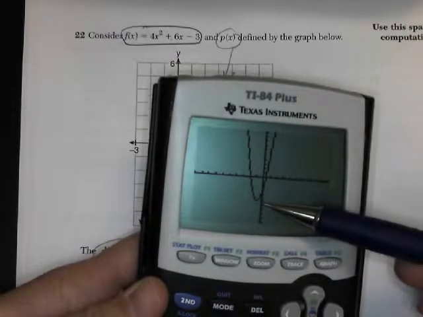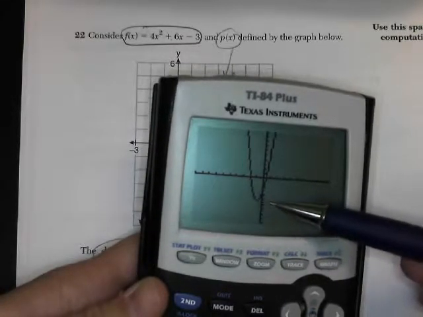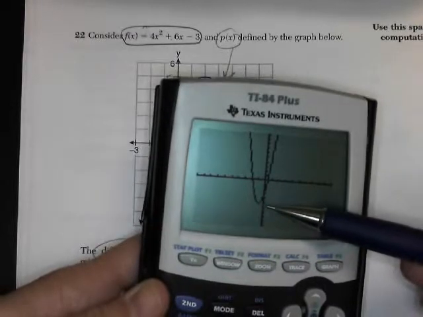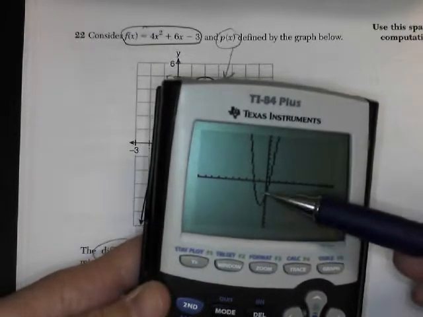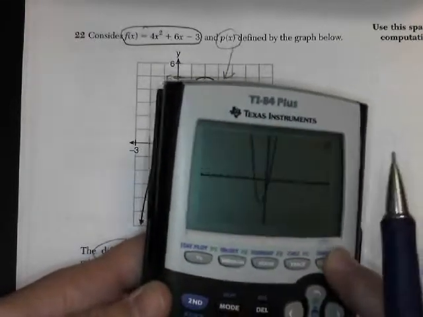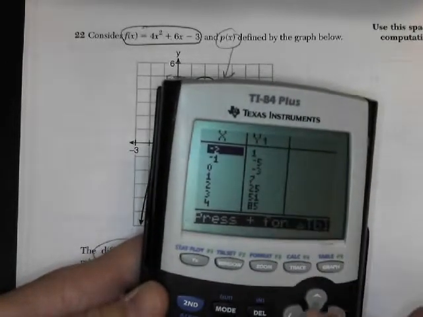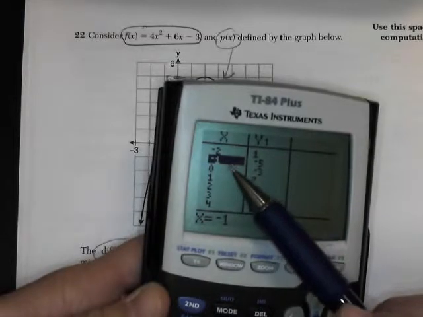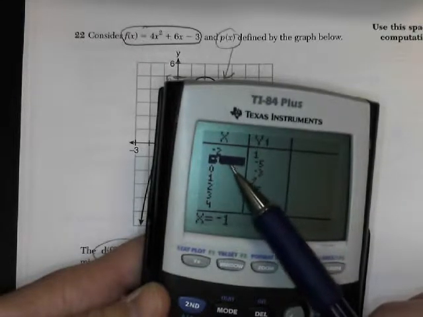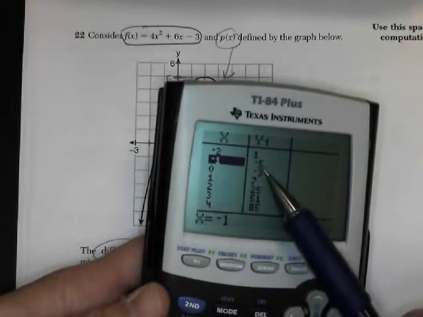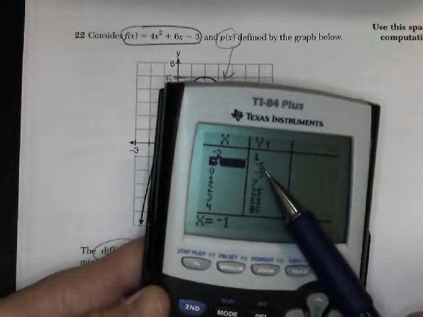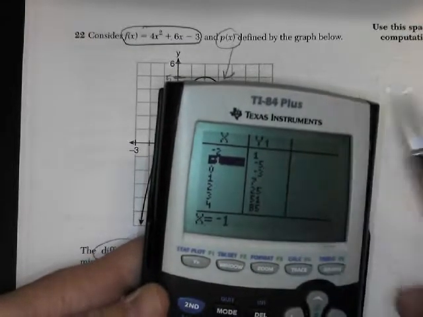It's definitely lower than negative 5 right there. The reason that's not coming up on my table is because it's not happening at a whole number x value. Your table is only so good to show you the whole number x values. And so it's probably somewhere around an x value of negative 1 and a y value of negative 5 would be somewhere near the minimum, but that's not actually it.